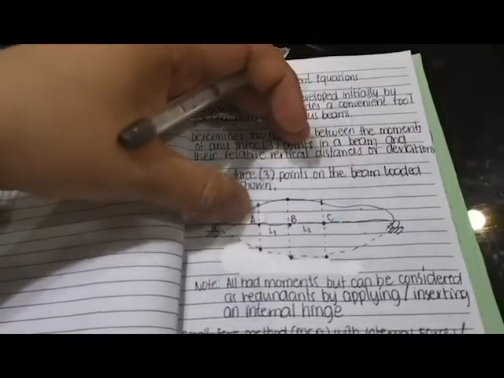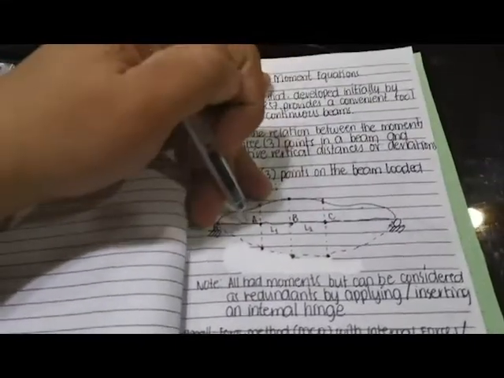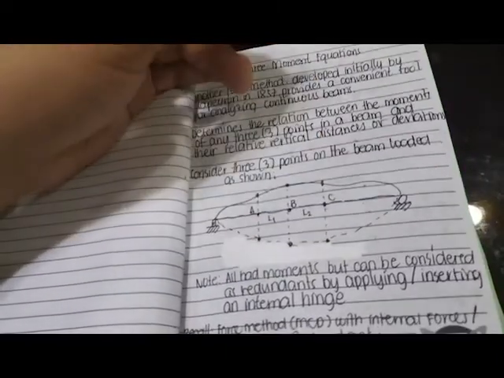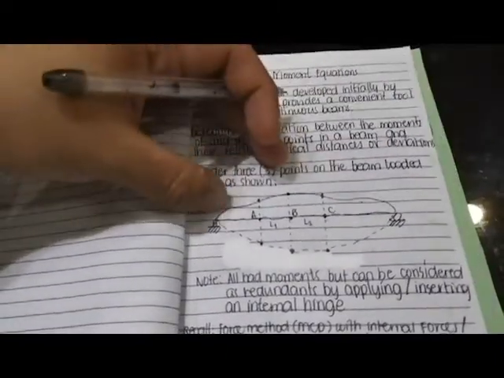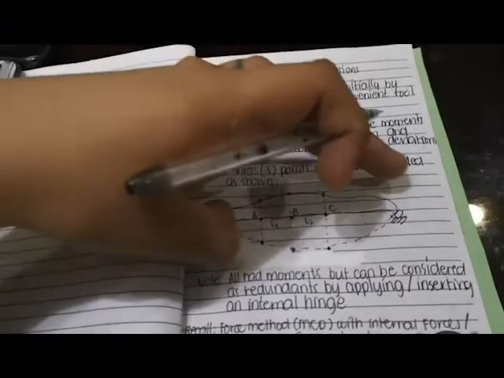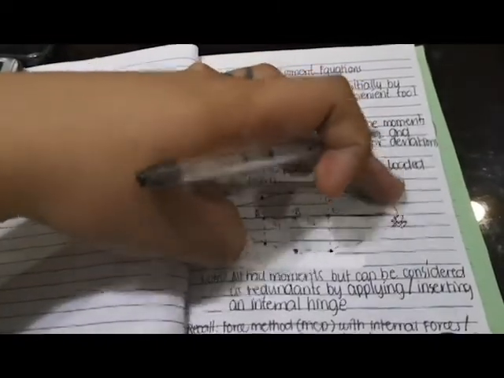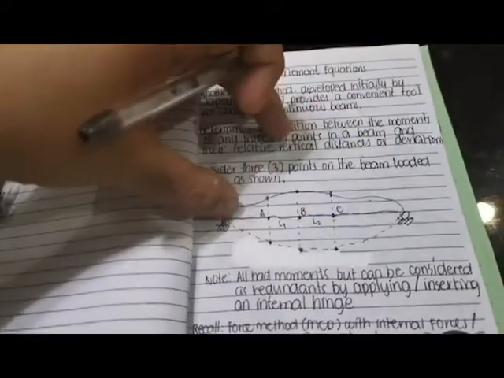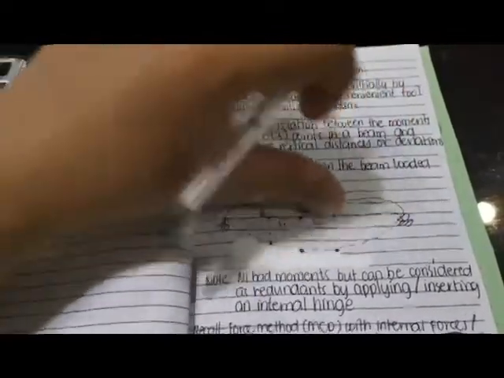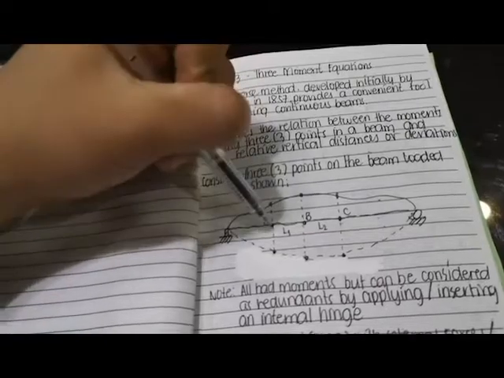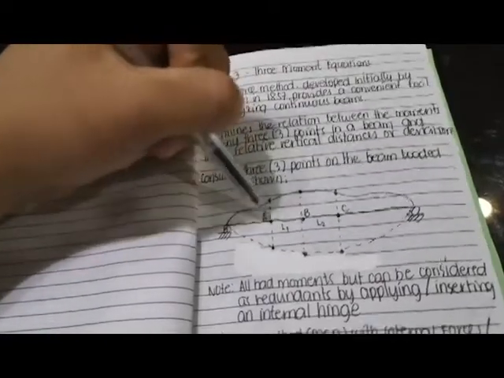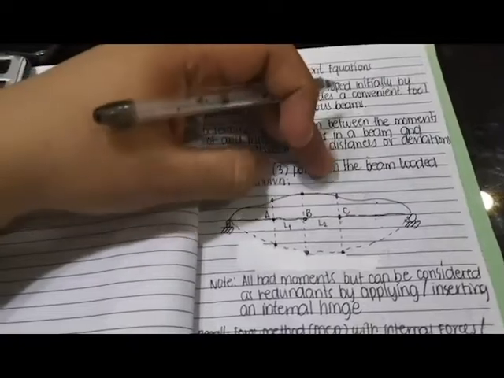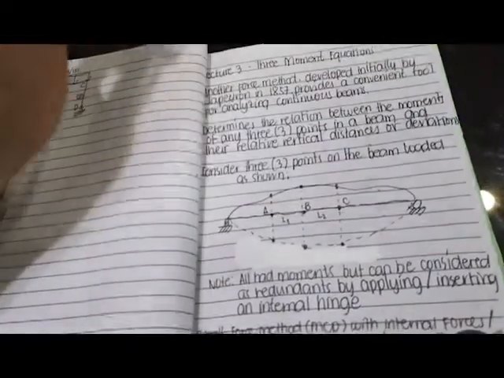Assuming that you have a simply supported beam here, for any 3 points on the beam, you can determine the moment. It can be from the supports and any point in between, or even the points A, B, and C, which are all located inside the beam.